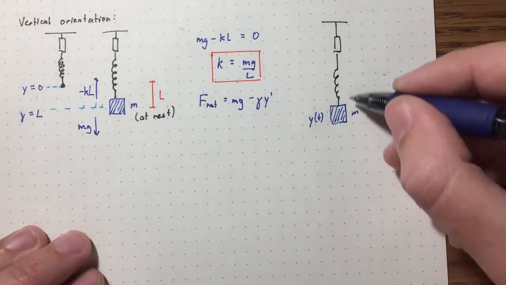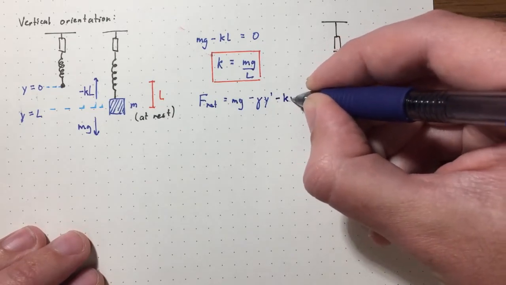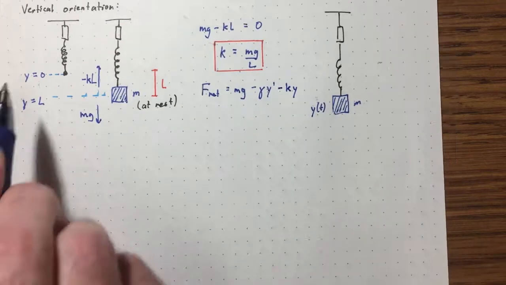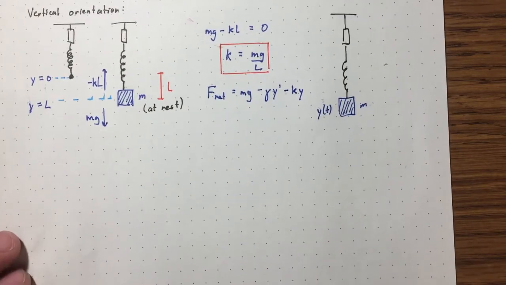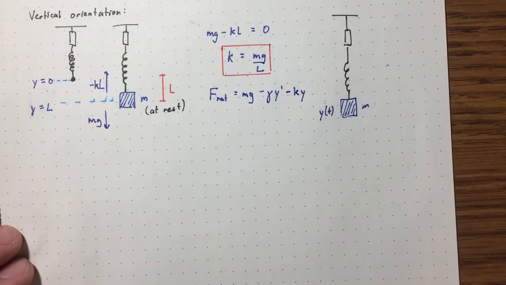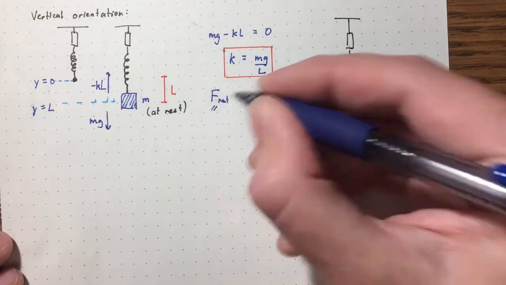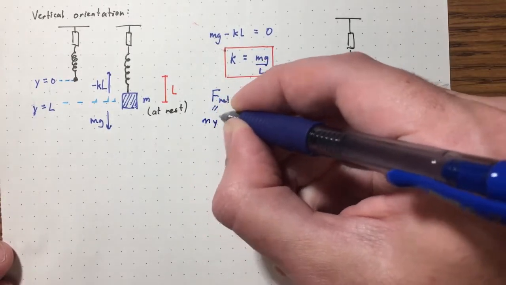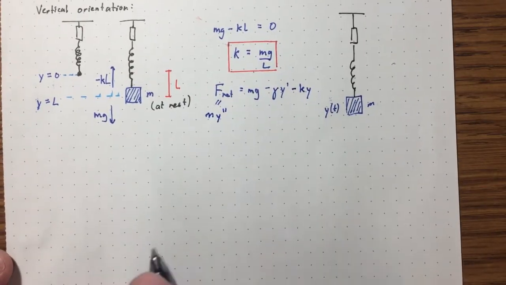And of course, we also have the spring force. So that's minus k times the displacement y, right? So displacement from y equals 0, which is just this function y of t itself. And by Newton's second law, this force is going to induce an acceleration, so that will be m times y double prime. And so we have this differential equation here.